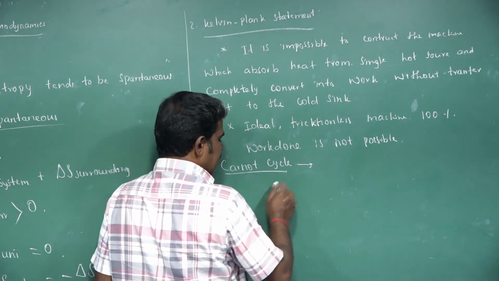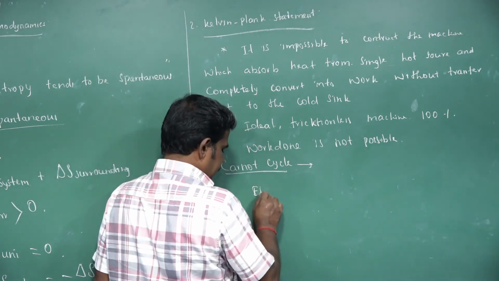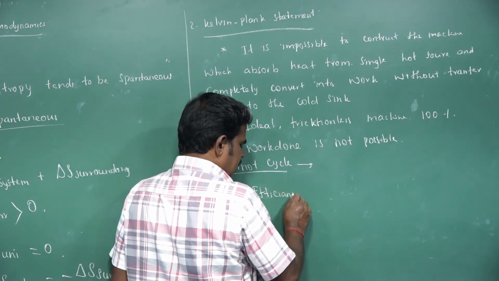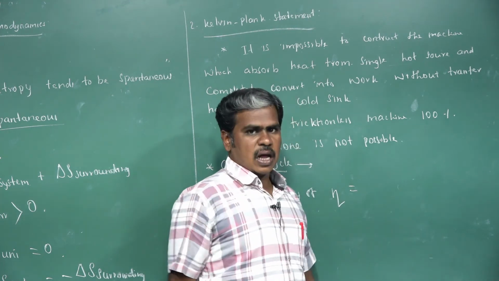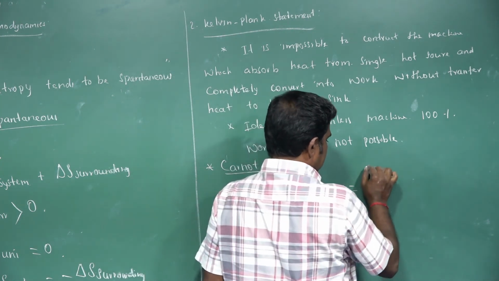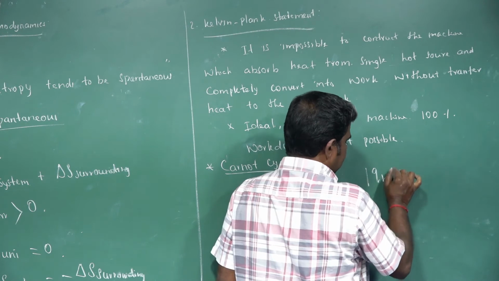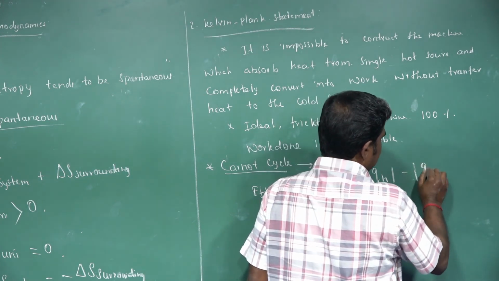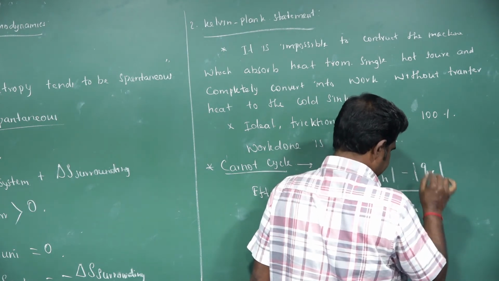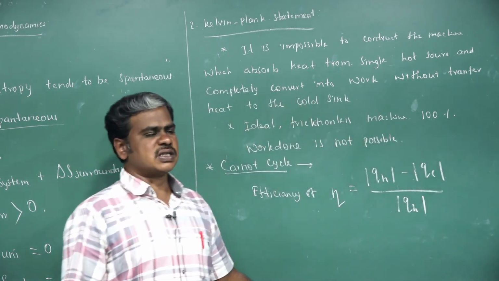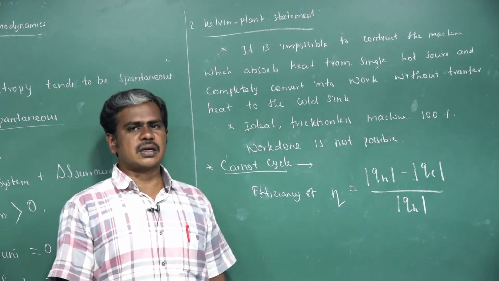Now we take the efficiency. The efficiency of a machine is eta, which is equal to modulus of QH minus modulus of QC divided by modulus of QH. This is the efficiency of a machine by the Carnot cycle.